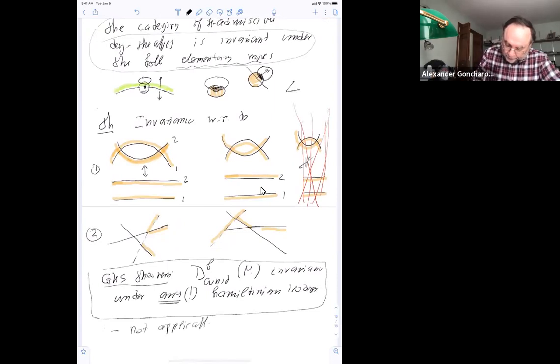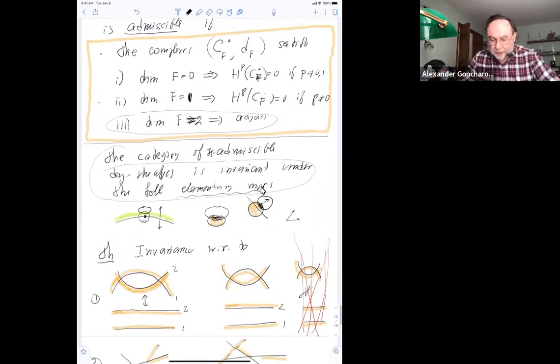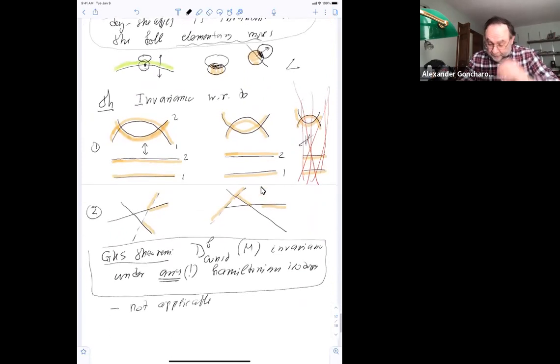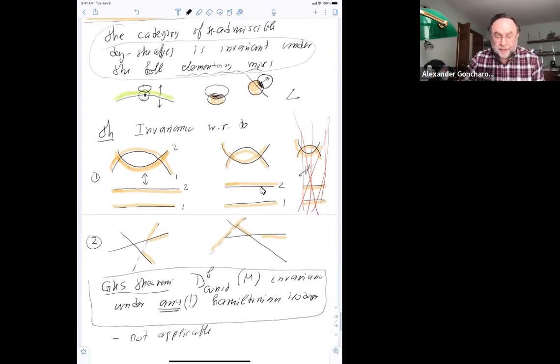We are talking not about the whole derived category, but first of all about a DG category, and second we put some very strange conditions in this category. So it's not at all clear why anything should be preserved because of the strange condition. And secondly, our category is not invariant under arbitrary moves of Legendrians.